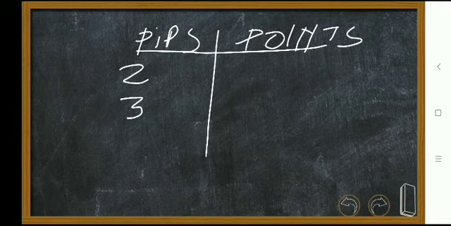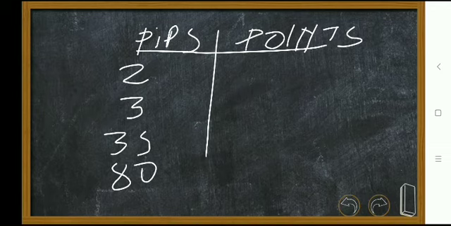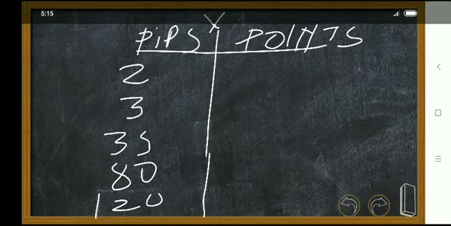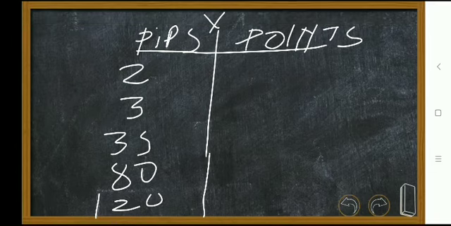You can already figure out the points. So we have 35. Say we have 80. Let's say we have 128. So it's quite simple. All you do is just multiply. Remember, multiply by 10. Sorry for that.